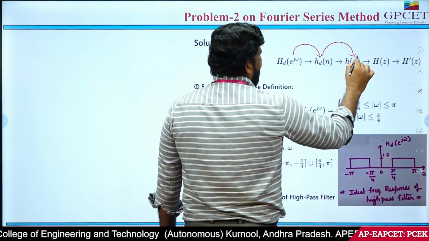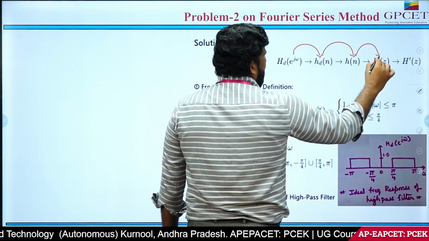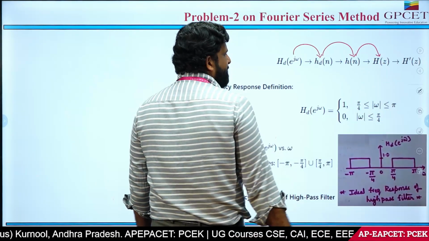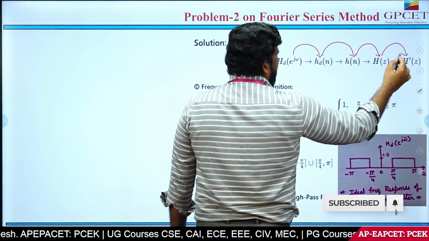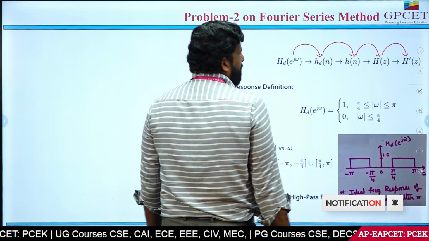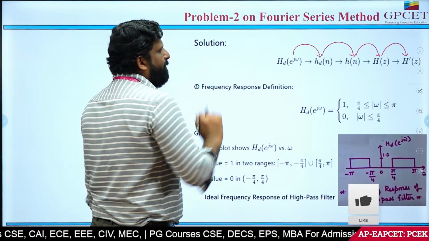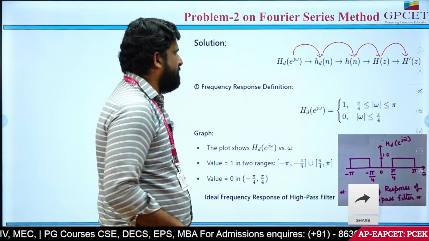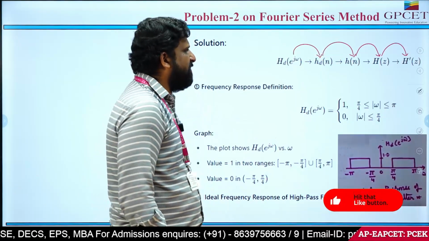After the truncation, it will be converted into h of z, where it is in a non-causal mode, so it will be converted into a causal system by multiplying the formed transfer function with z to the power of minus (n minus 1) by 2. So this is the pipeline, how we need to convert all this hd of e power j omega to h inverse of z.